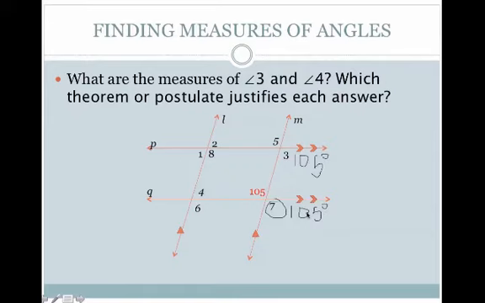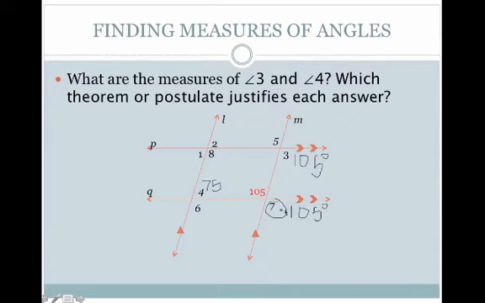Then I also know that if I look at the 105 here, 4 would be on the same side of transversal Q if L and M are your parallel lines. So L and M are parallel because they're marked right here. Your transversal is Q, so therefore 4 and 105 are same side interior, so you know they're going to add up to 180, so 4 has to be 75.